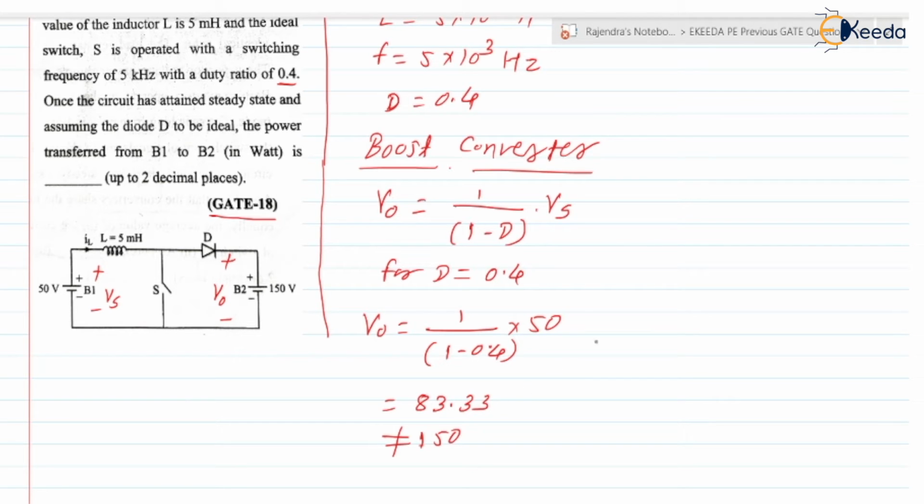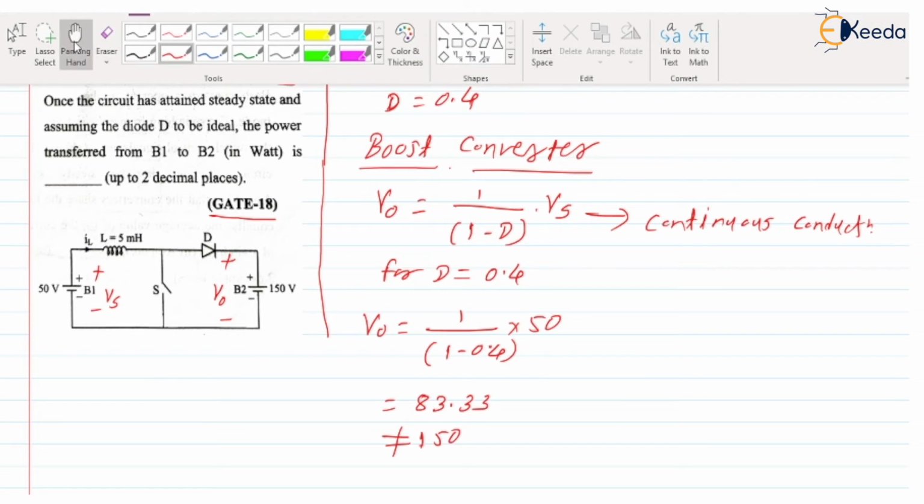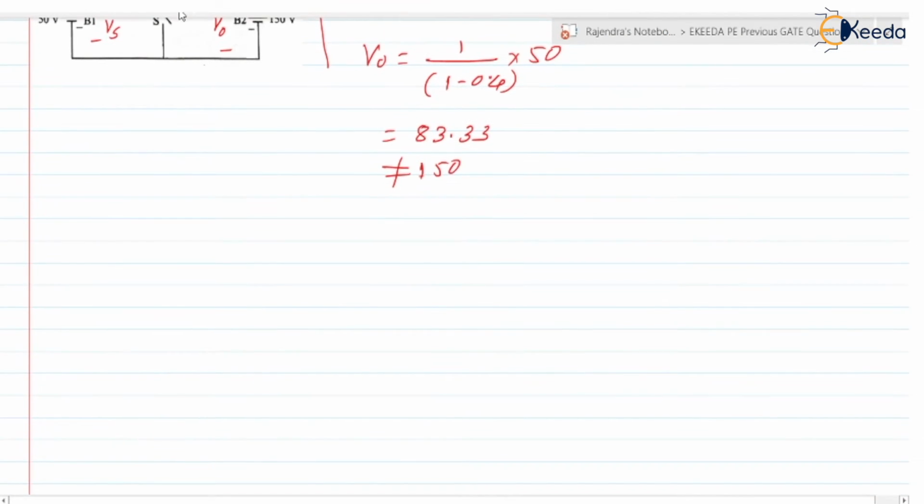Here we can say that, as this expression is for continuous conduction, or continuous IL, and for this expression and the given duty cycle, the output specified is not matching. So can we say that this is nothing but discontinuous conduction?